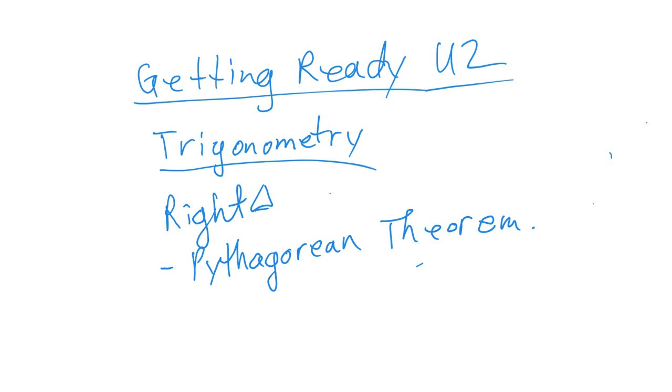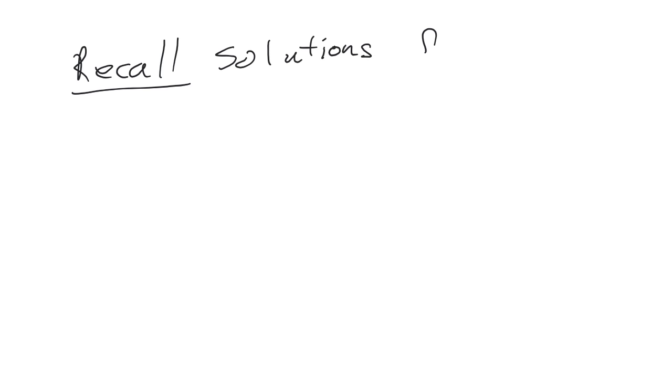Okay, so now I'd like you to listen to these basic concepts that we need to be able to do for this getting ready section. So recall, we studied how to do solutions for the letter x.